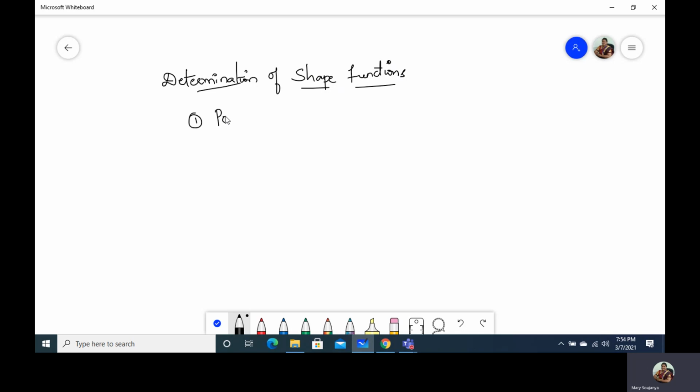First would be with the help of polynomial equations, polynomial functions. Then, considering natural coordinate systems.